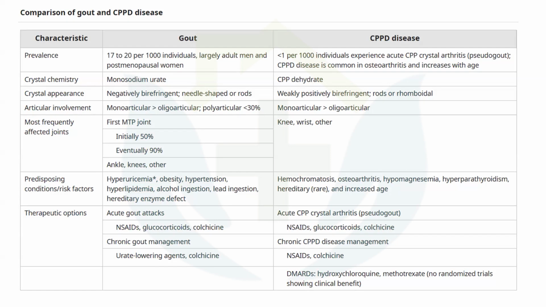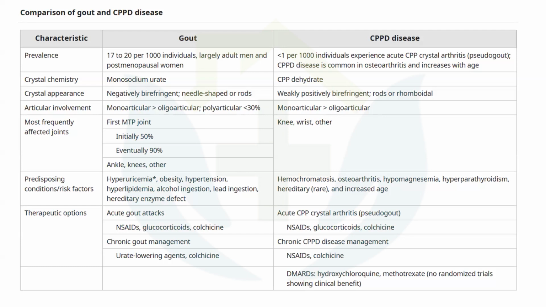them. For gout, we already saw the metabolic risk factors: metabolic syndrome, obesity, hypertension, hyperlipidemia, and alcohol intake. But CPPD basically happens with calcium disorders like hyperparathyroidism, and also hemochromatosis, and in old age with osteoarthritis.